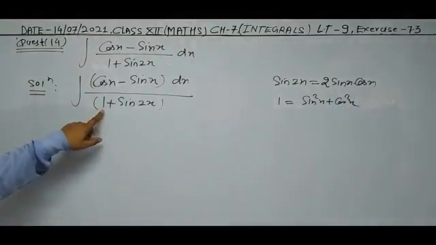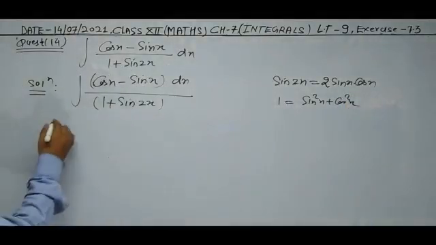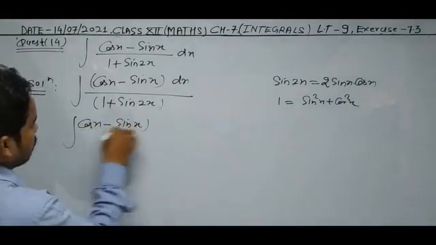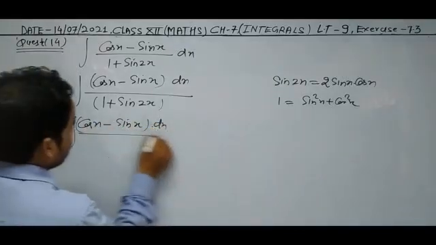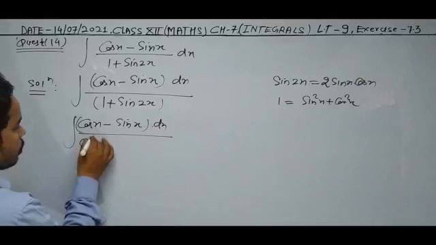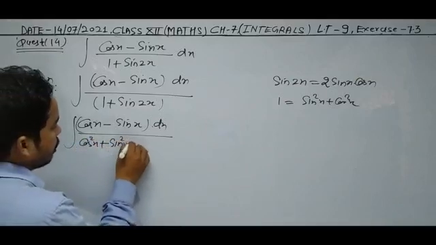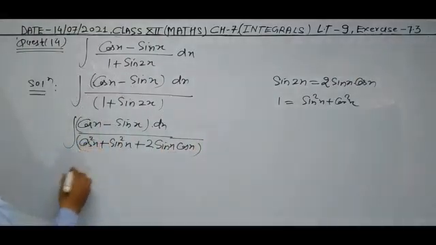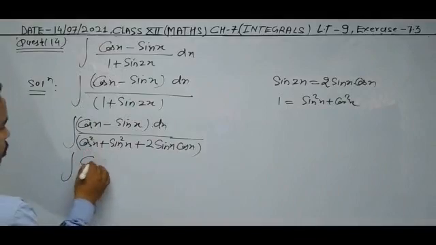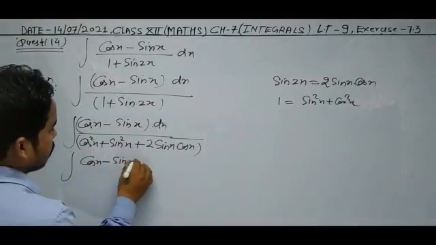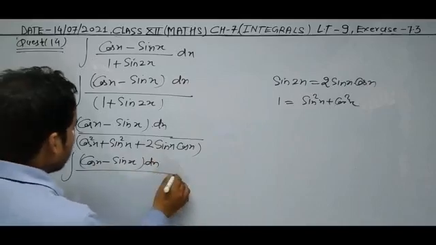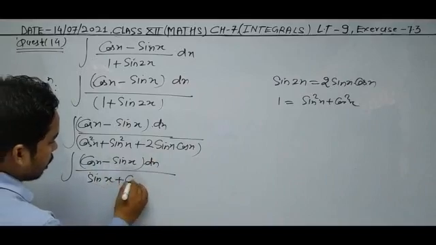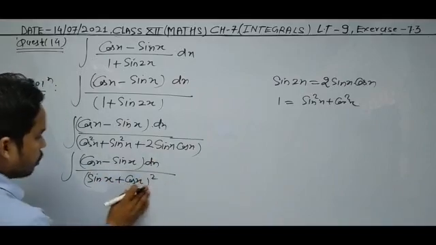So the integral becomes cos x minus sin x dx whole upon cos square x plus sin square x plus 2 sin x cos x, which is the sin x plus cos x whole square.